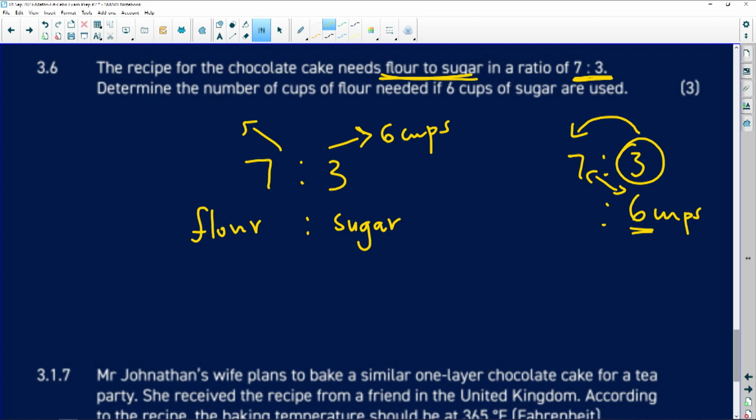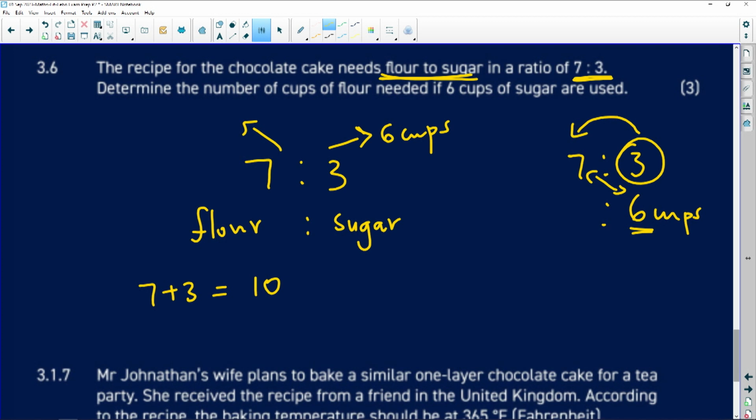So in order for me to make this a correct ratio, I need to add these two. I need to add my 7 and my 3, which gives me 10. And then my 10 is going to be my denominator.